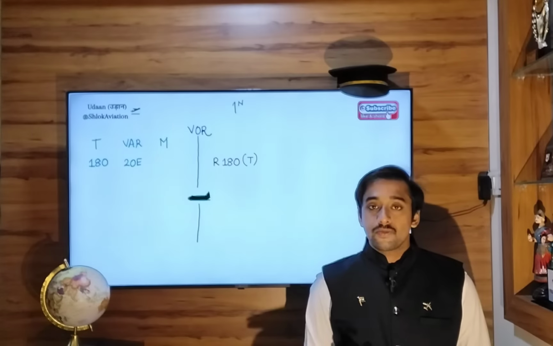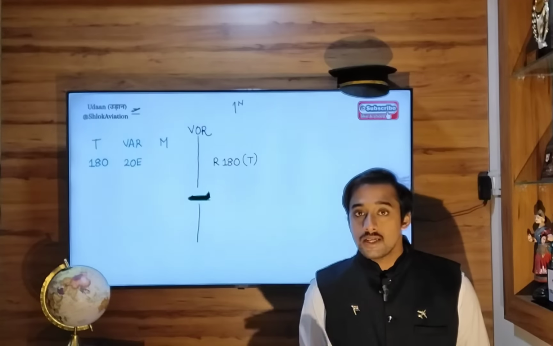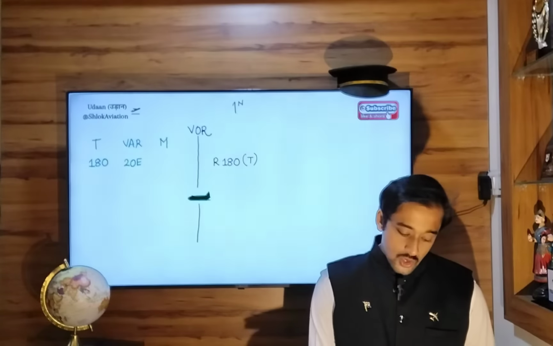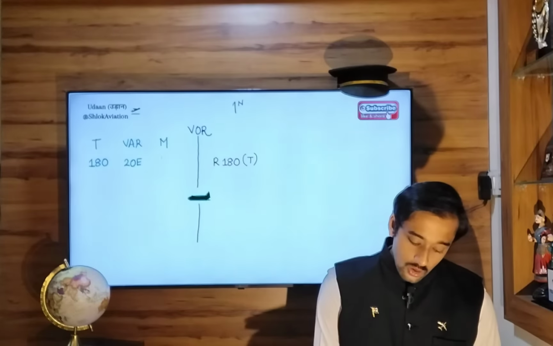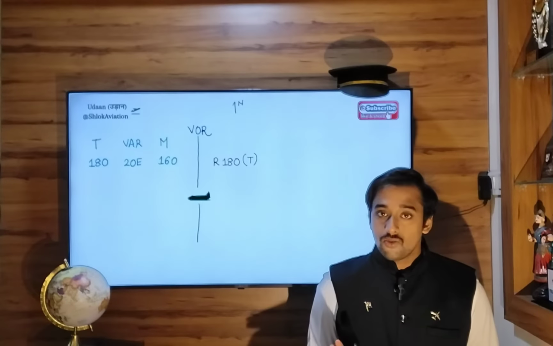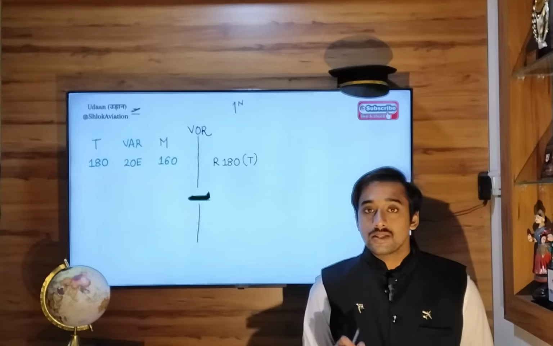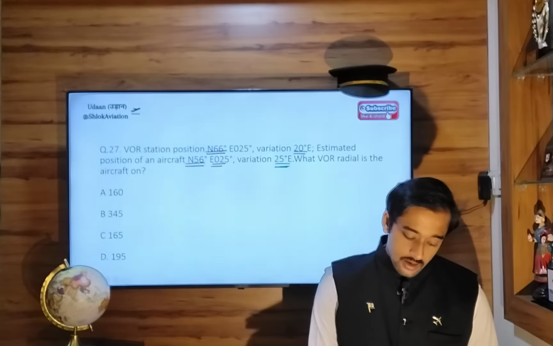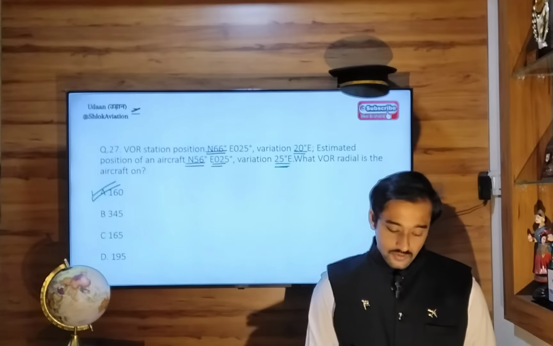Now next step, variation east, magnetic is least, meaning magnetic direction will be less than true direction. So 180 minus 20 will be 160. So the correct answer will be the aircraft is on a radial of 160 from the VOR. So select option A, 160.